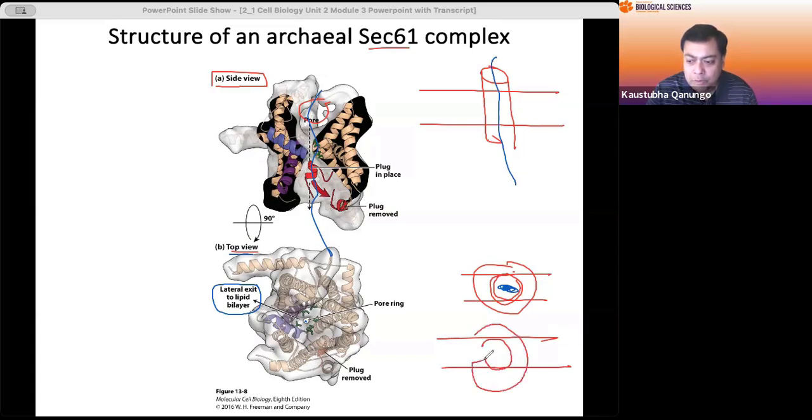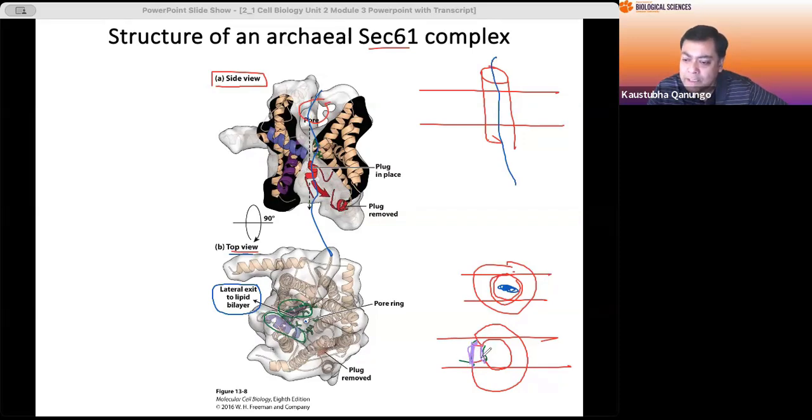You have a structure like this, and there are certain types of proteins, or some of the residues that you have. You see that right here in purple color, there are 2 alpha helices. Those purple alpha helices, I can just make them purple. These are the alpha helices, which are the gates.